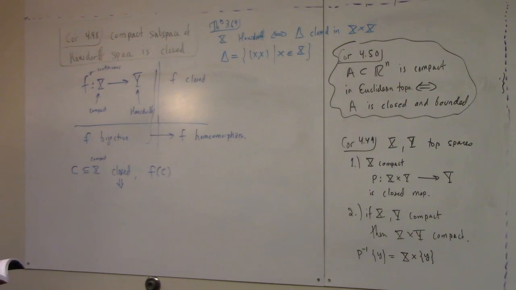Corollary 4.48, which says any compact subspace of a Hausdorff space is closed. That's not the relevant one, I'm sorry. What do you say?